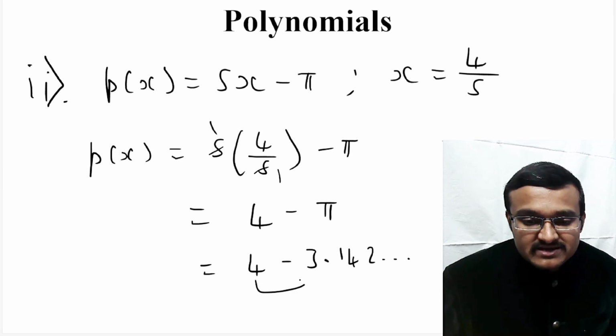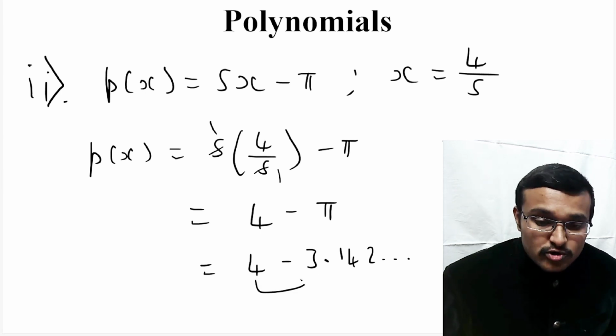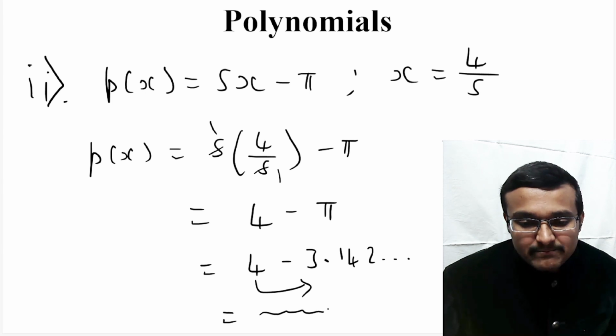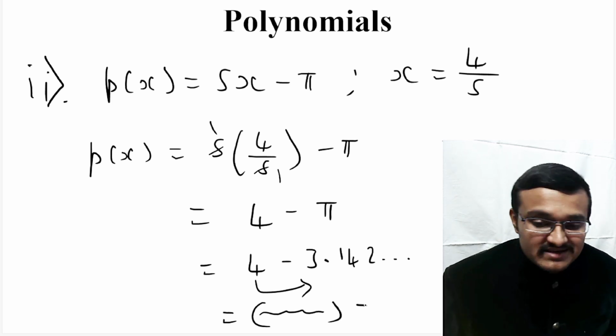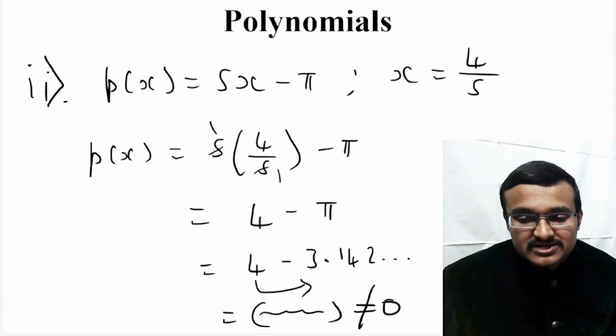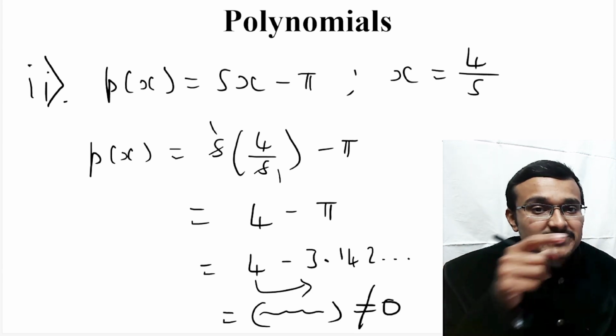So when you subtract this pi from 4, you will get a certain irrational number. That means this is not equal to 0. So this particular expression is not becoming 0.